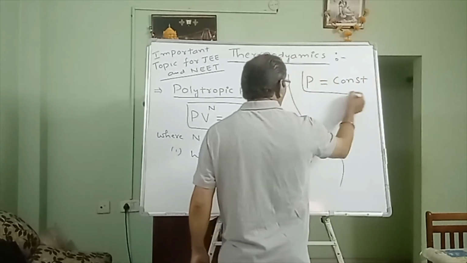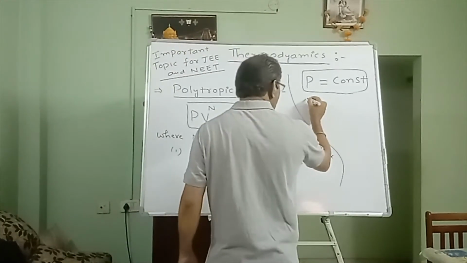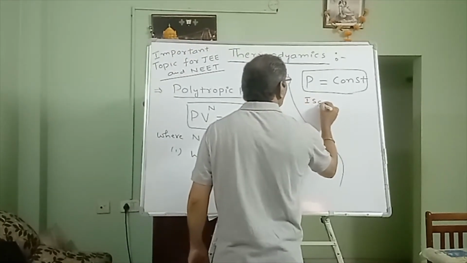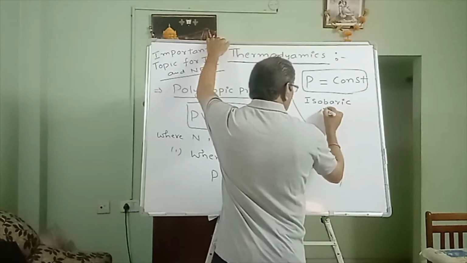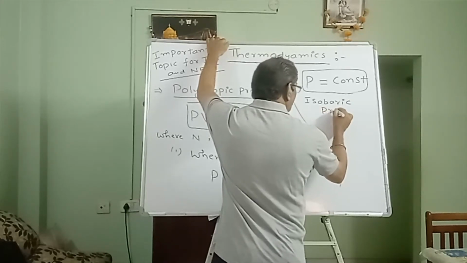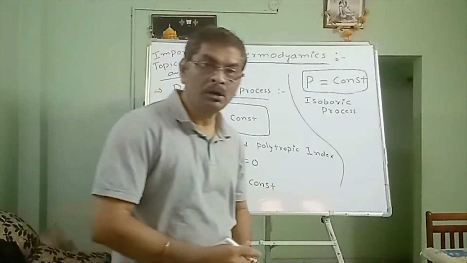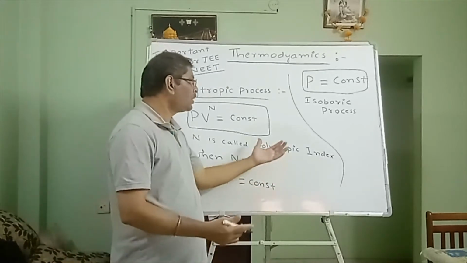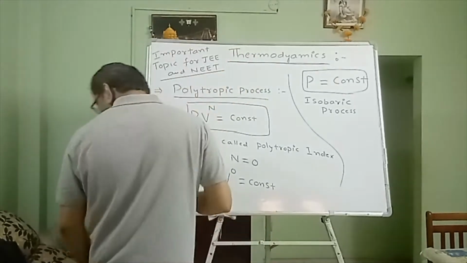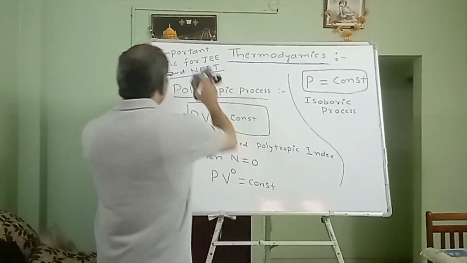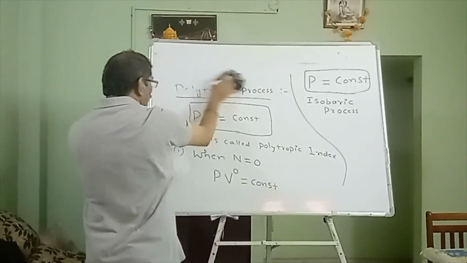You already know that when the pressure remains constant, that process is called the isobaric process. Similarly, in this equation I will take different values.